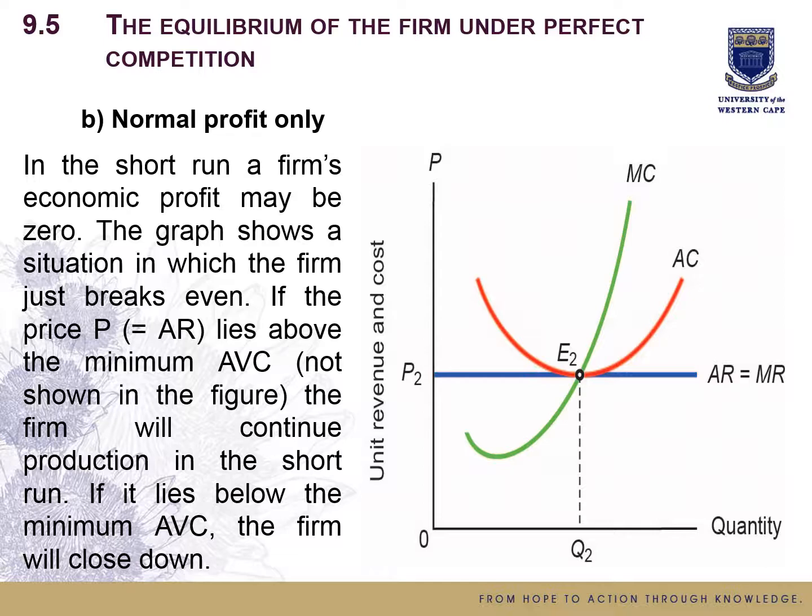At quantity Q2, the firm's average revenue is equal to the average cost. Therefore, the firm does not earn any economic profit but a normal profit, since it has managed to cover all its costs, including normal profits.